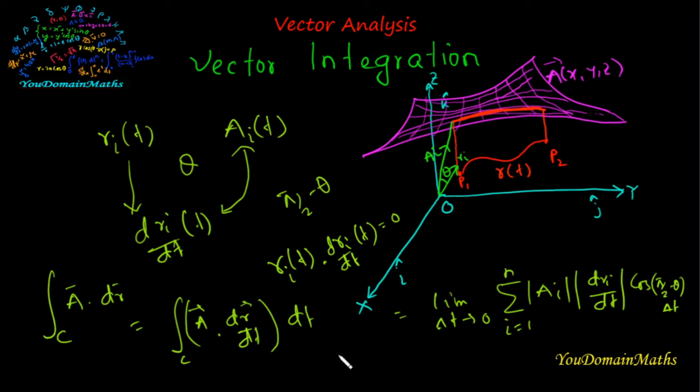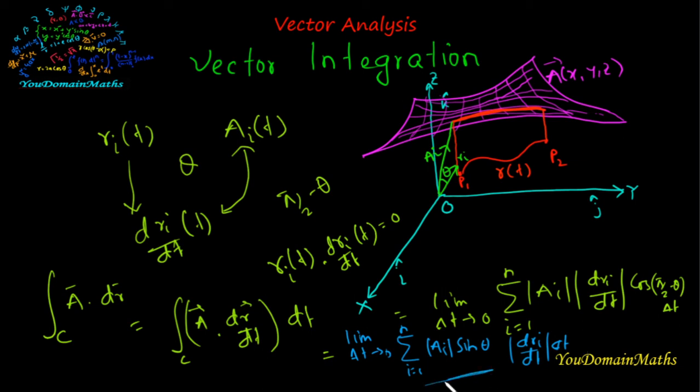We can rearrange it as a visual shape. That means the limit as delta t tends to 0 of the summation from i equal to 1 to n of A_i sine theta, d by dt of r_i, and delta t.